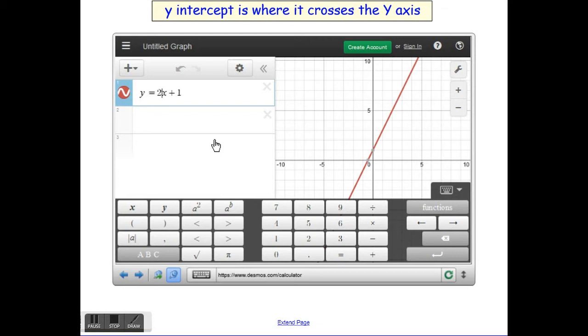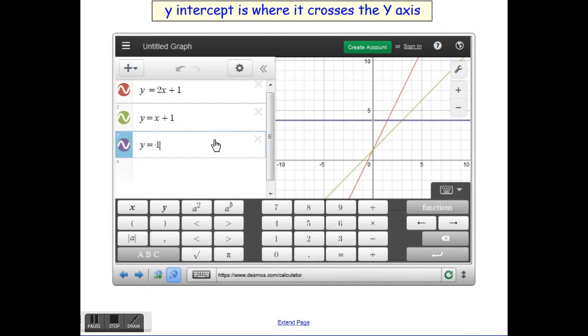It rises quicker, right? Because if I just have y equals x plus 1 again, you'll notice this one is much more steep than the other one, okay? That's what the slope is, so that k value. That k value basically tells you how steep your line is going to be.